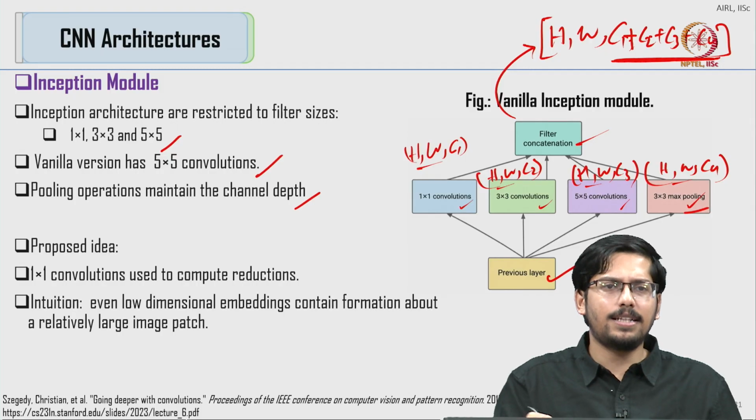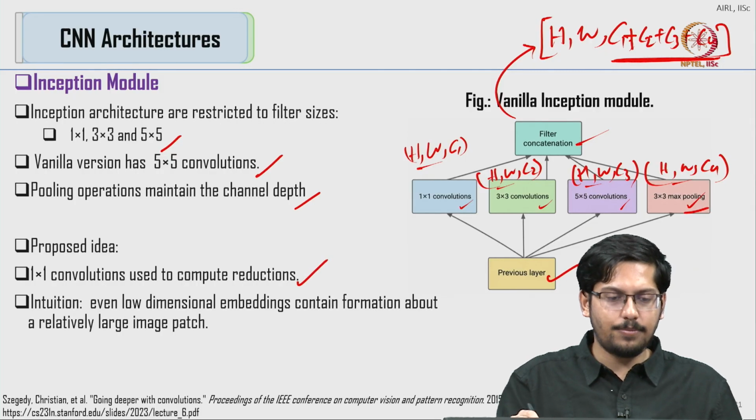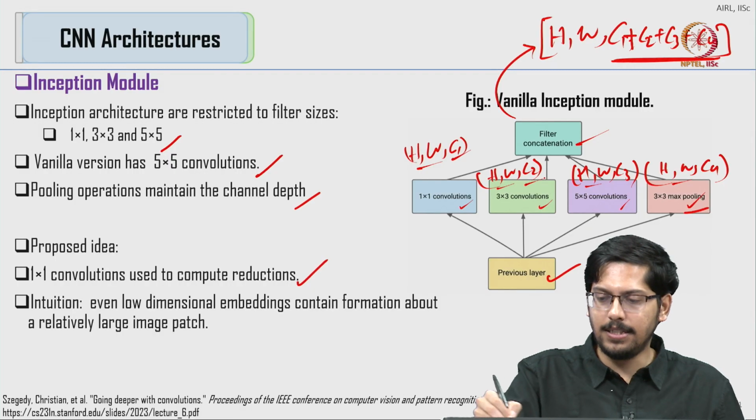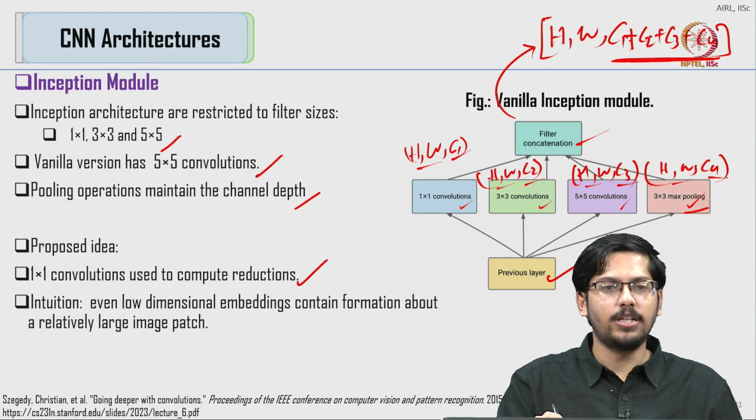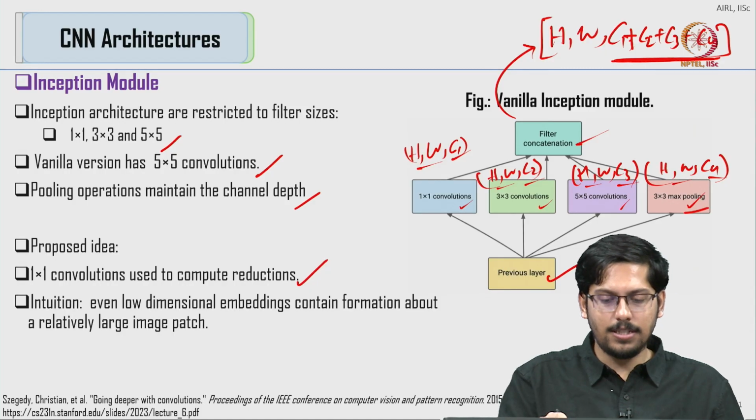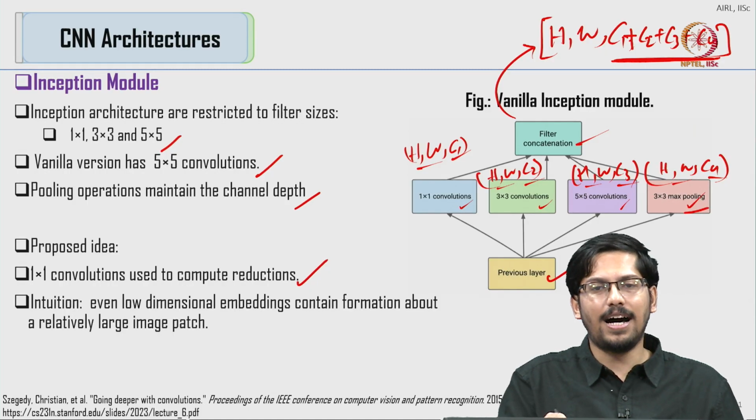Now the idea proposed for the inception module used by GoogLeNet was to use 1 cross 1 convolution to reduce the channel size, right. So the channel sizes that we see here were reduced. The intuition is that even low dimensional embeddings contain information about a relatively large patch.